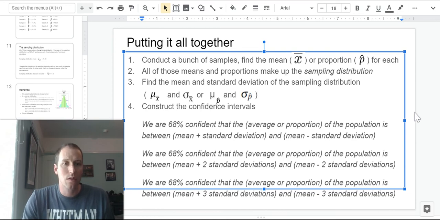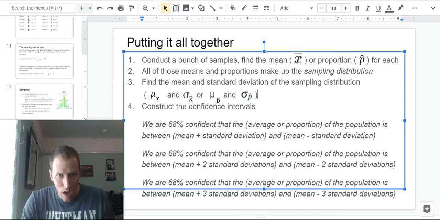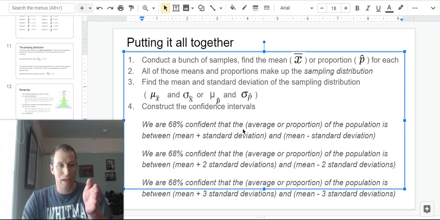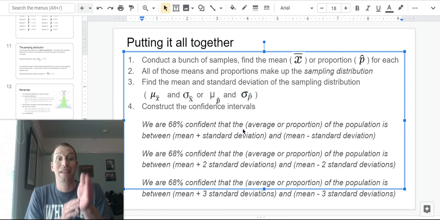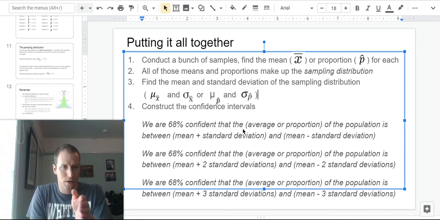We then take those numbers, the average mu and the standard deviation sigma, and we use them to construct what are called the confidence intervals. We are 68% confident that the actual mean of the population is our sampling distribution mean, the mean of all of our samples, plus or minus 1 standard deviation.